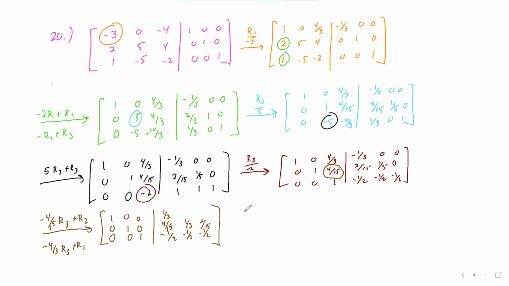I get 2/3 across the board. And that right there would be your answer. That's the inverse of a 3 by 3. Not any fun. All right, let's finish up this lecture.